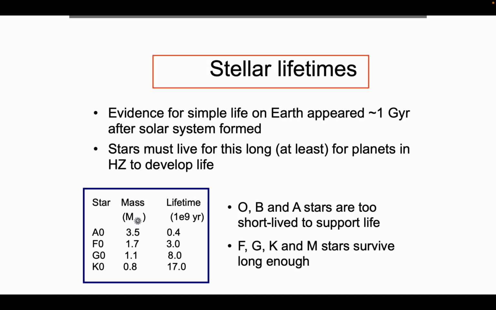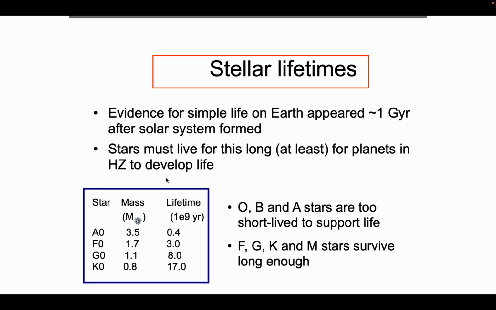Another key thing is the stellar lifetime. There is evidence that simple life on Earth appeared about 1 gigayear after the solar system formed. So stars must live at least this long for planet formation in the habitable zone and for life to develop.